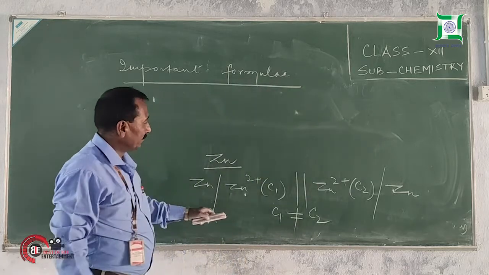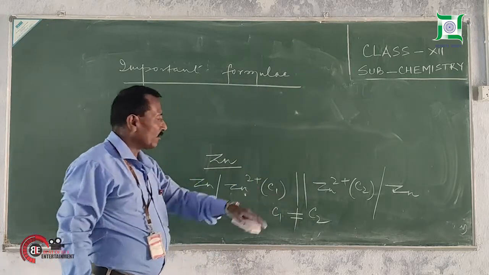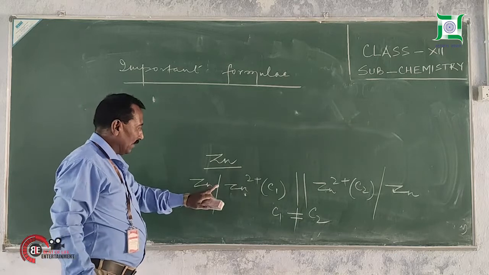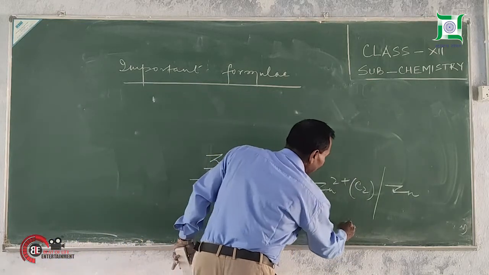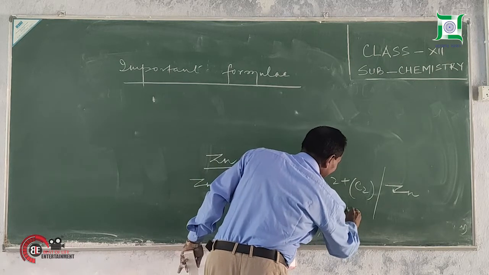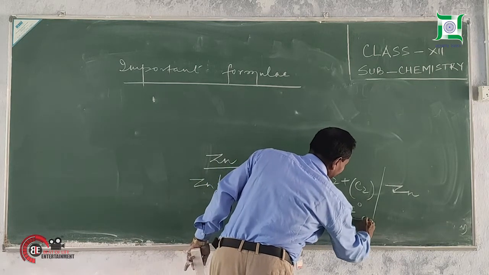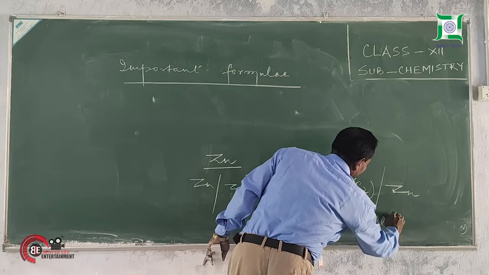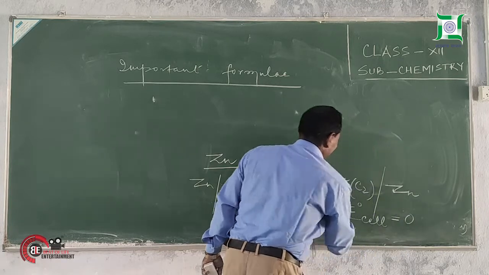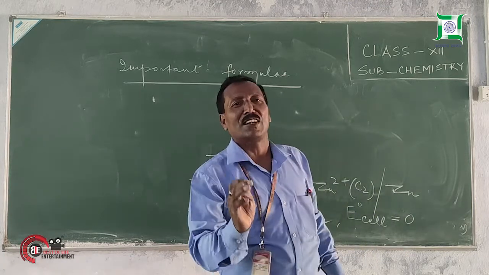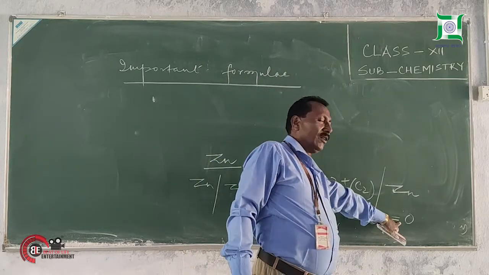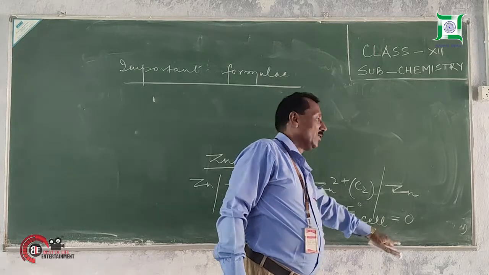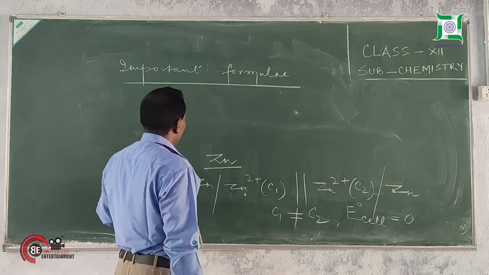But here, in the case of a concentration cell, there is a very important thing that I was missing to tell you. Here, E naught cell is equal to 0. So whenever we consider a concentration cell, its E naught cell will be equal to 0. So this is the condition.